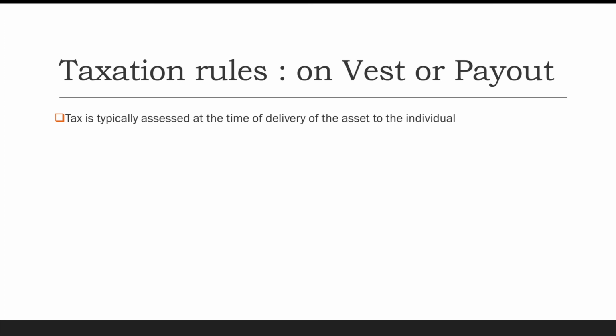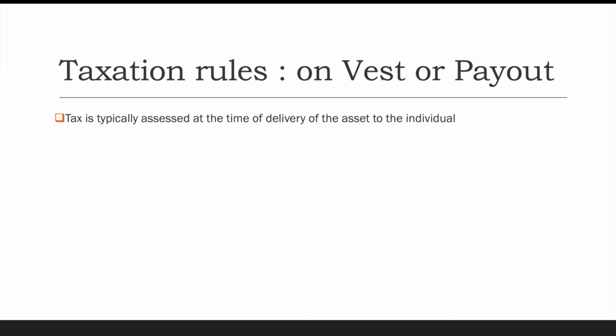A question on whether taxation rules apply on vesting or on payout. Of course, this is dependent on the instrument that is being used here as well. But the typical rule that is applied is that tax is assessed at the time of delivery of the asset.